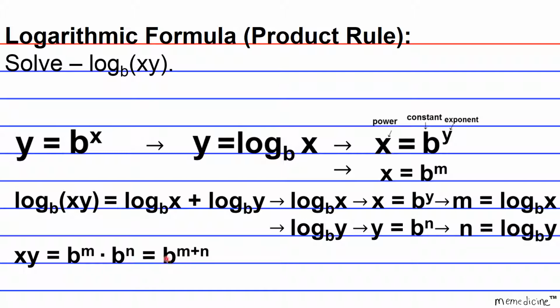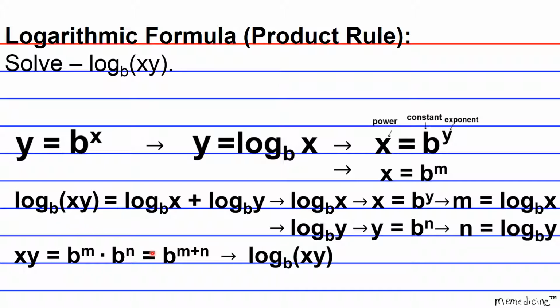So what we get is b raised to the m plus n. Again, because we have the same base, all we have to do to simplify this expression is add the exponents, okay?